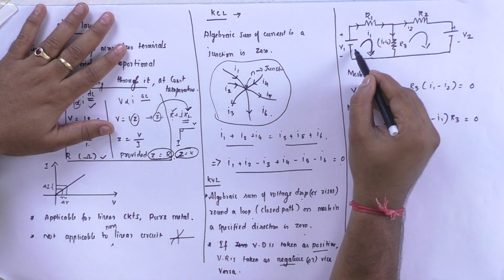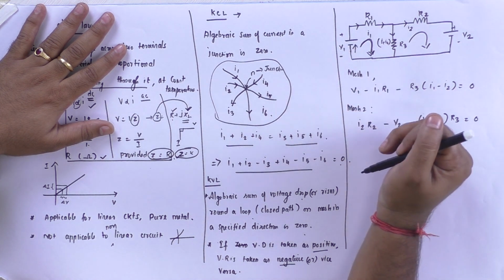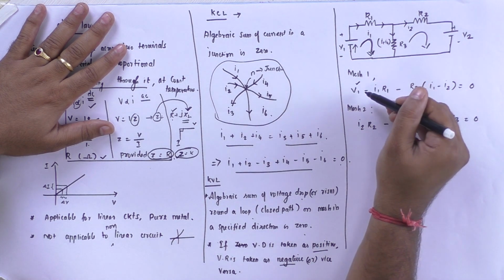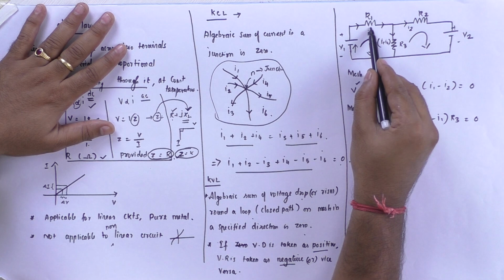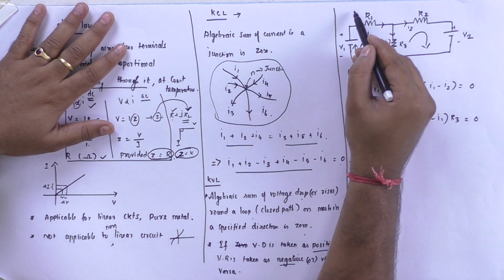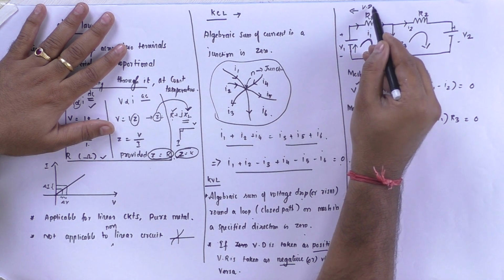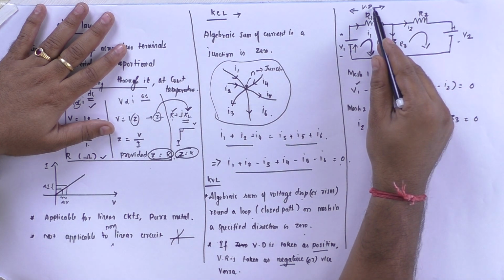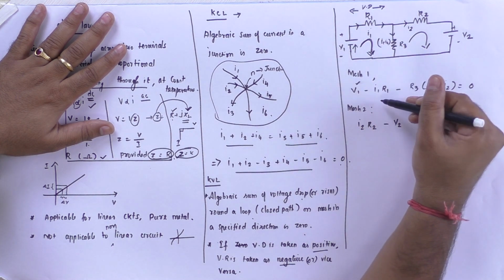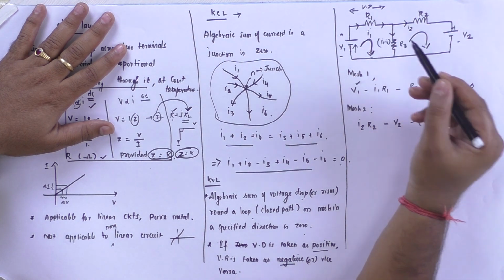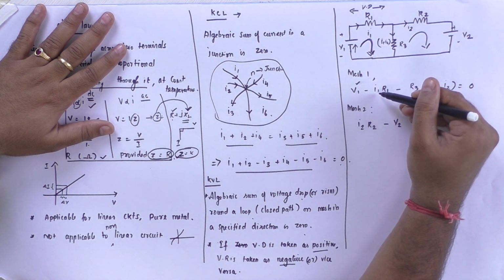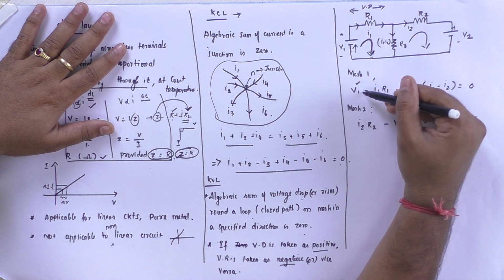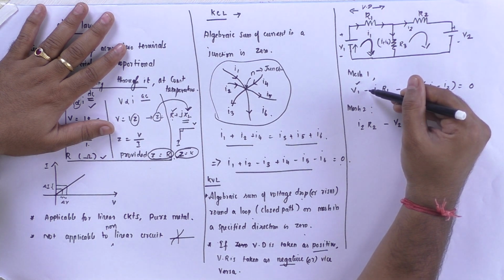As it goes from minus to plus, it is observed to be a rise in potential, so it is represented by a positive sign. When current flows through the resistance, you can observe a voltage drop across this resistor. So the voltage drop as per Ohm's law is V equals IR. So as current I1 passes through resistance, by applying KVL, it is represented as I1 R1, and the negative sign indicates the fall in voltage.